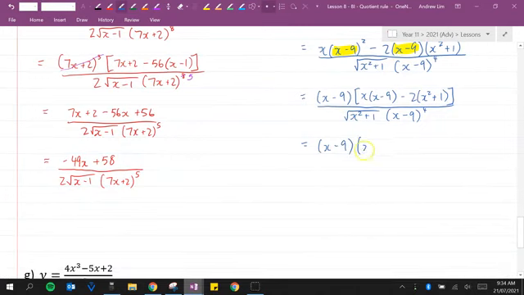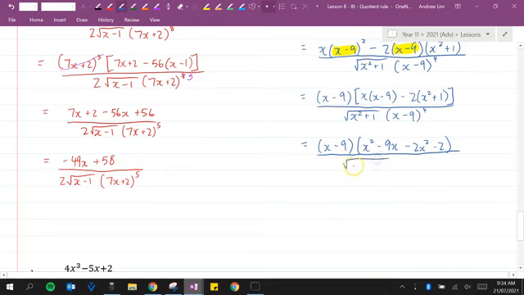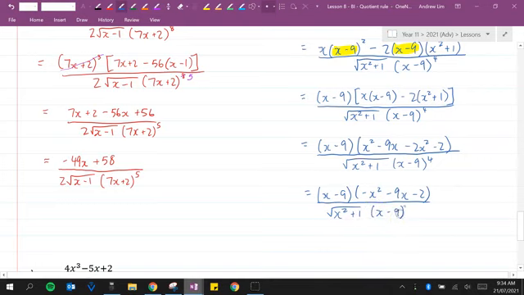We've got x squared minus 9x minus 2x squared minus 2. And that simplifies to x minus 9 negative x squared minus 9x minus 2 all over root x squared plus 1 x minus 9 to the power of 4.